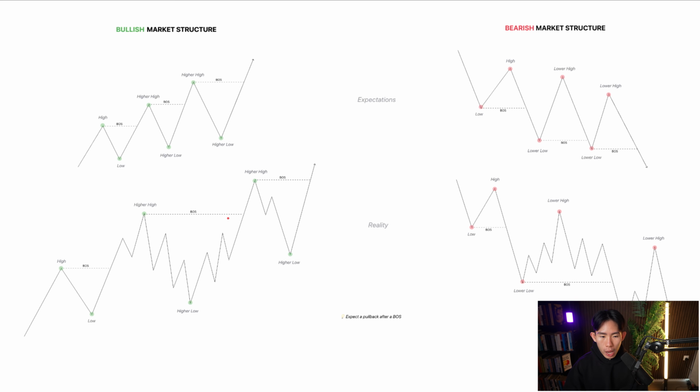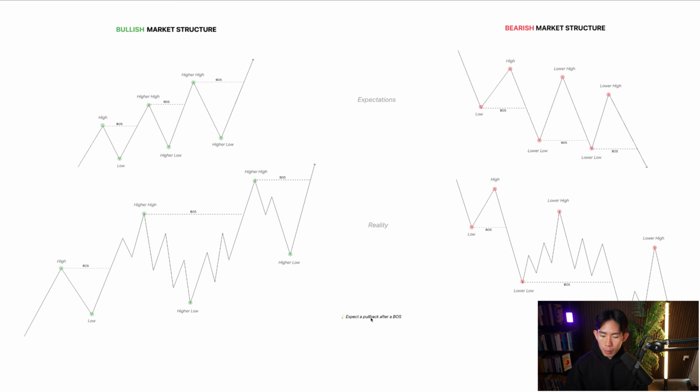The break of structure happens when price takes out the last structural high in an uptrend, and when it takes out the last structural low in a downtrend, just like this. Okay, so that's why when price takes out the last high, we got a break of structure. And then same thing in a downtrend, when price comes down and takes out the low, we got a break of structure.